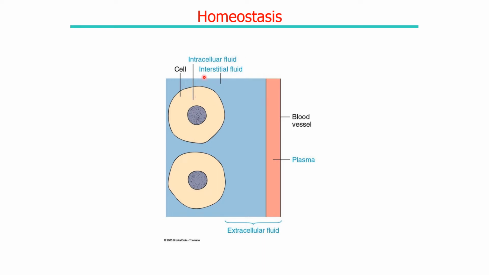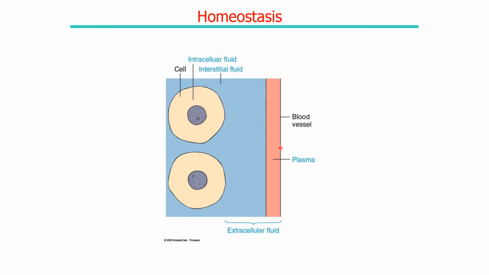In the human body, this body fluid is 60% of the total body weight, and 40% is dry matter. Out of this 60% body fluid, 40% is the cytoplasm or intracellular fluid, and 20% makes the extracellular fluid, that is outside of the cell. Intracellular fluid is inside of the cell, in the form of cytoplasm.